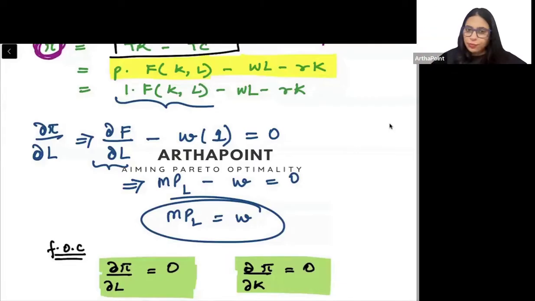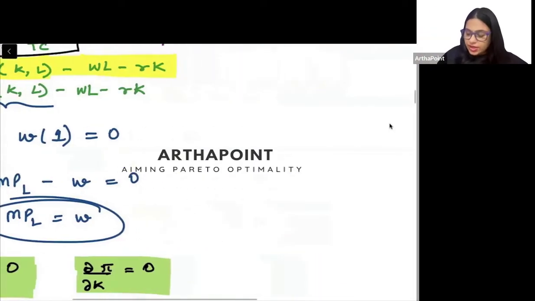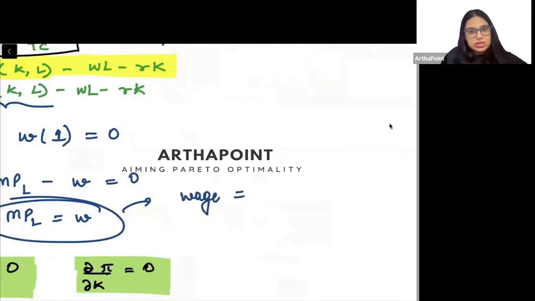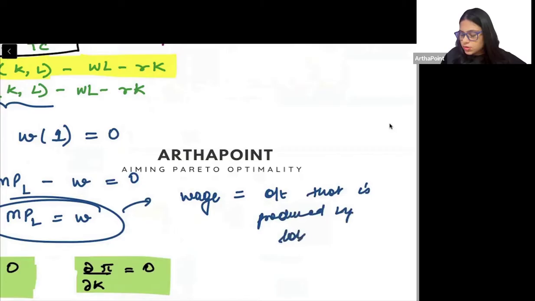This is in itself a very important conclusion: how much wage is given to the labor is equal to the output that is produced by labor. If I employ one labor and he is producing 10 units of output, I will give him a wage equal to the value of those 10 units.